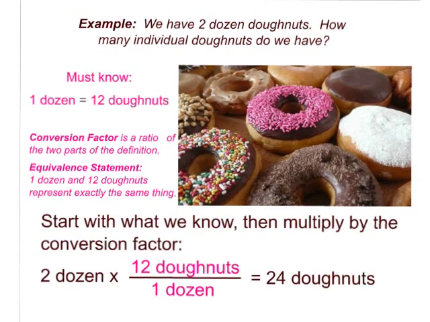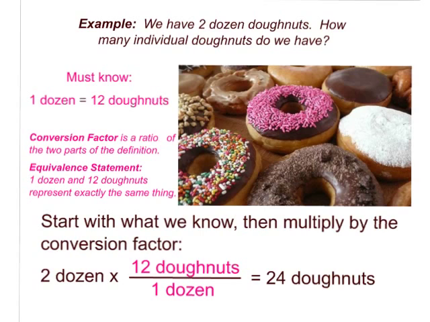So when we do dimensional analysis here, we start with what we know, 2 dozen. That's what we have. Remember in our problem, 2 dozen donuts. Then we're going to multiply by that conversion factor, the 12 donuts divided by 1 dozen. Now remember, this is an equivalence statement. 1 dozen equals 12 donuts.